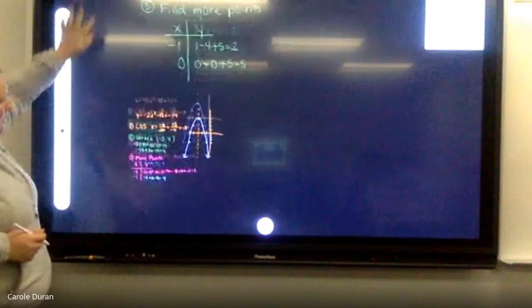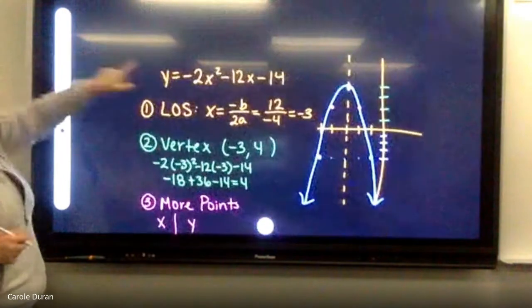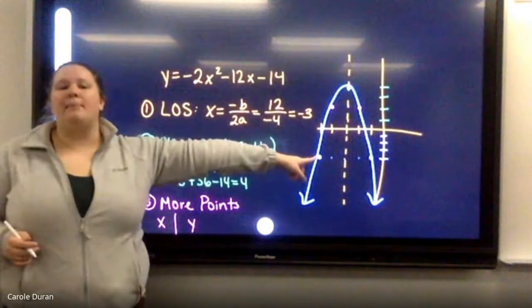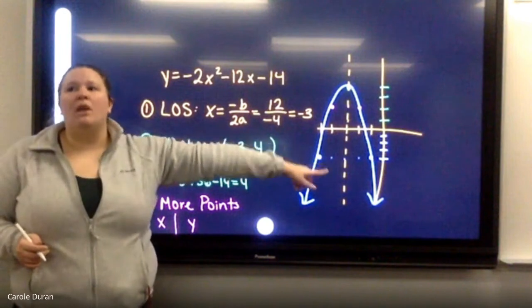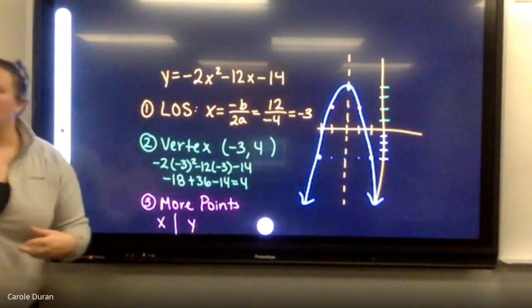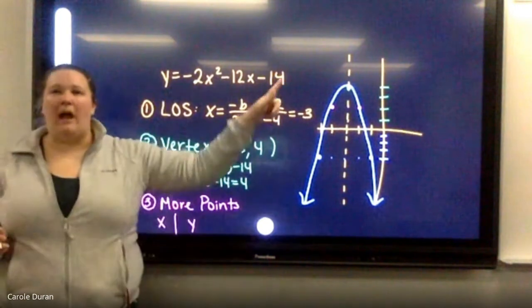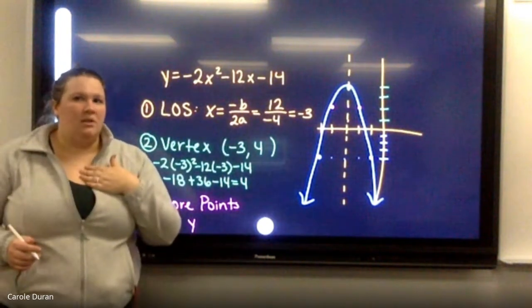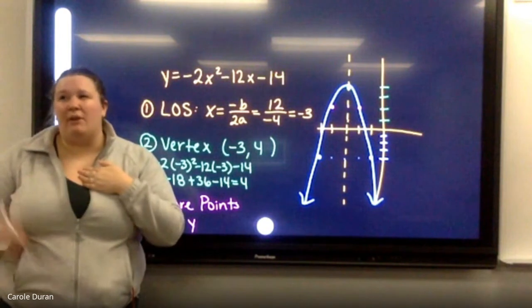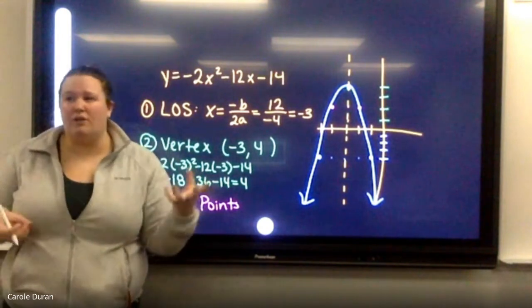But in this example, where it was a -2, my parabola opened down like a frown. While this is not innately helpful, if I'm graphing it and I have a negative value here, but my parabola is going up, I've done something wrong. It is an indicator to me of whether I'm working in the correct direction or in the wrong direction.